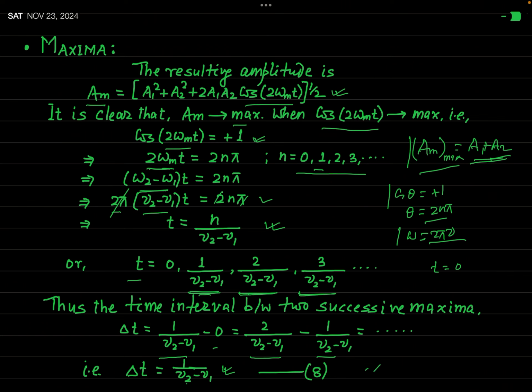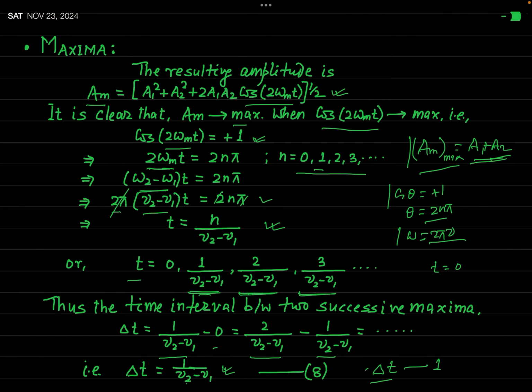So you can say that this delta t is the time interval during which the amplitude becomes maximum one time. So how many times does the amplitude become maximum in this time interval delta t? Answer is 1.